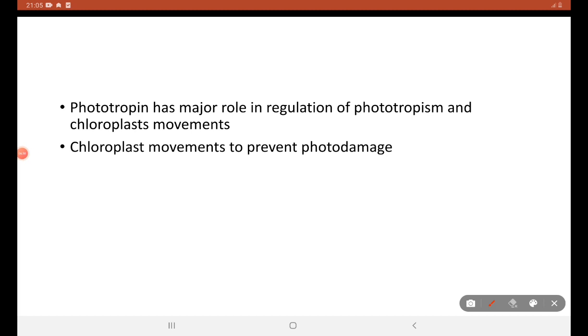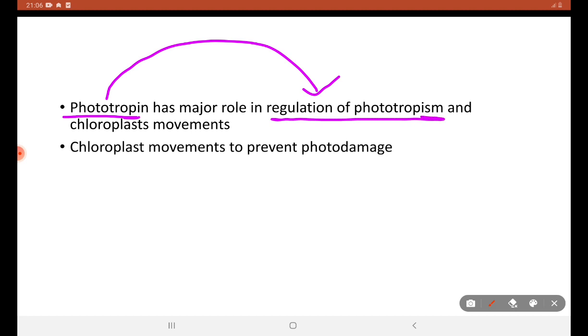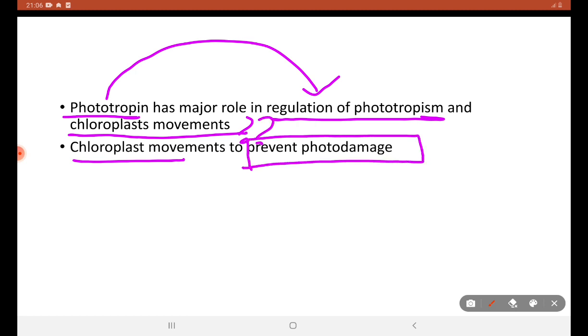Before going into that, why does phototropin have to accumulate something and why does it have to avoid something? Because phototropin has a major role in regulation of photoperiodism and chloroplast movements. Why does chloroplast have to move? To prevent photo damage. What is photo damage?